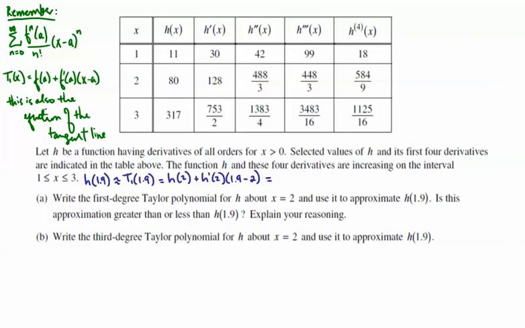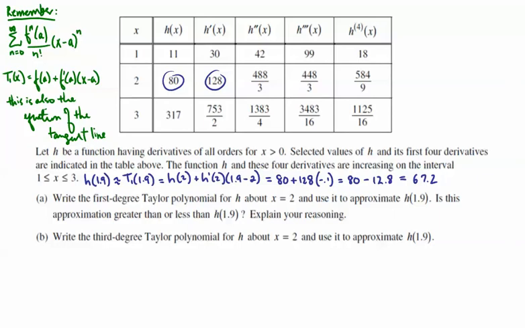And we're just going to go up to the table above to get some of this information. H of 2 is 80 plus h prime of 2, that is 128. 1.9 minus 2 is negative 0.1, and we get from this 80 minus 12.8, which is 67.2.